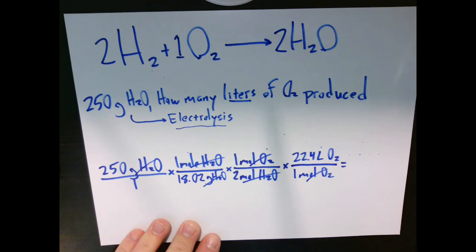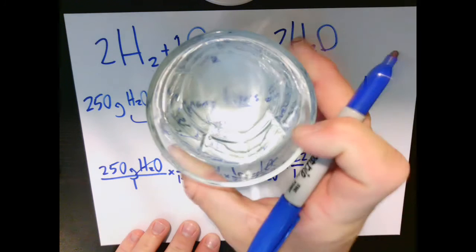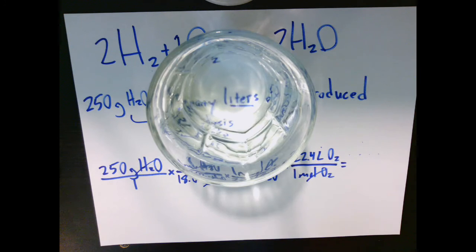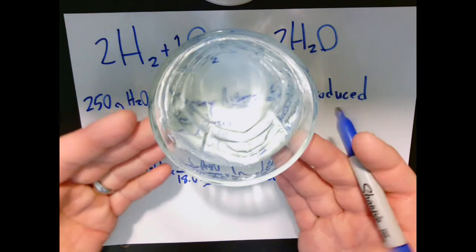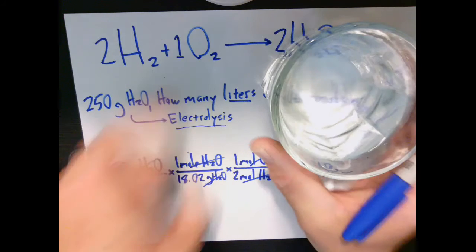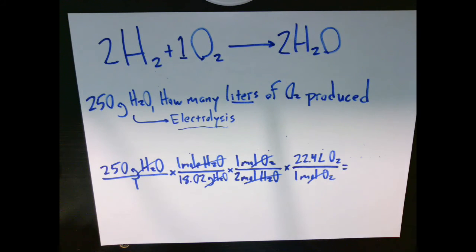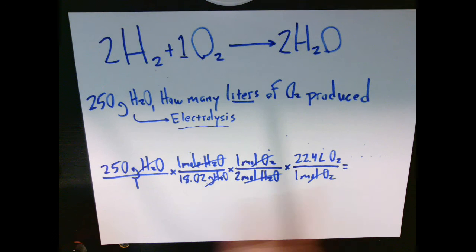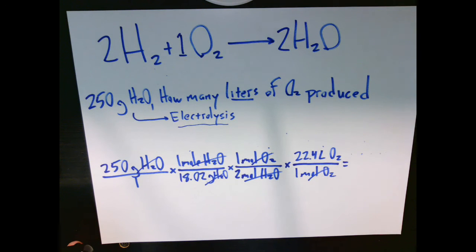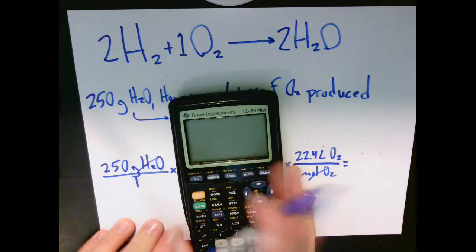So again, if we were to take this cup of water and completely split all the water molecules in here into hydrogen and oxygen, how many liters of oxygen would be produced? Take a moment and pause and see if you can calculate. Okay, so when we do that, 250 times 22.4, that gets divided by the product of 18.02 times 2.